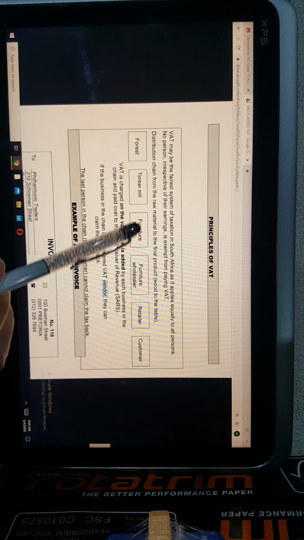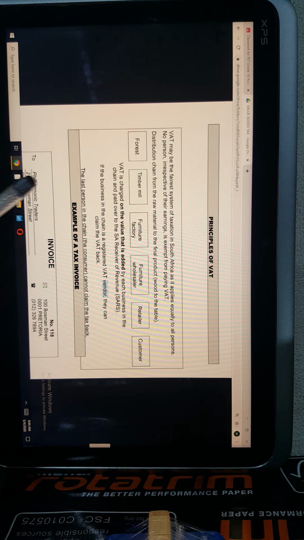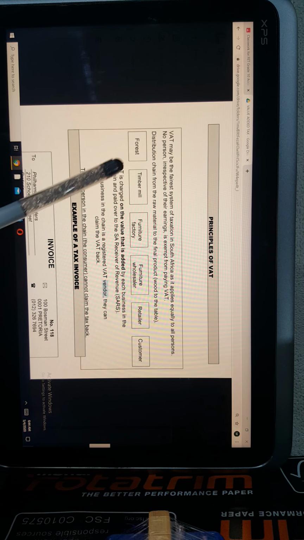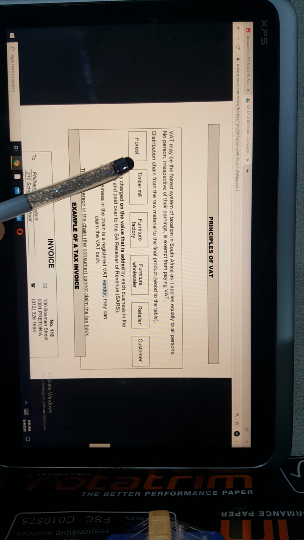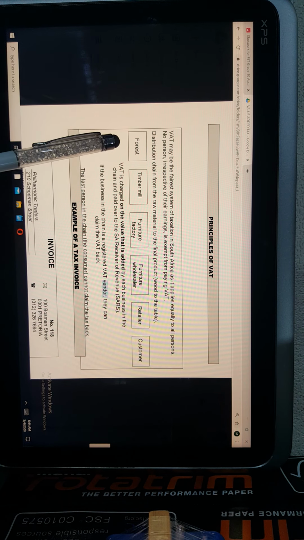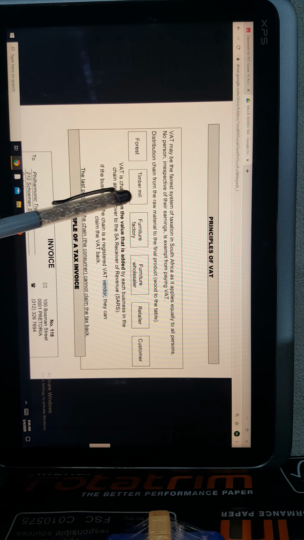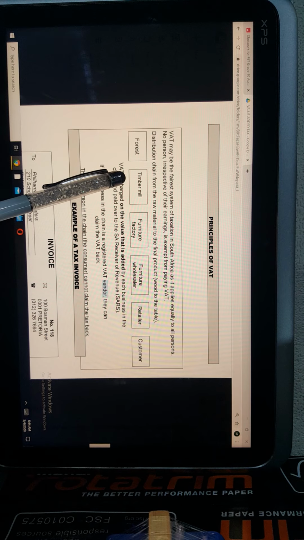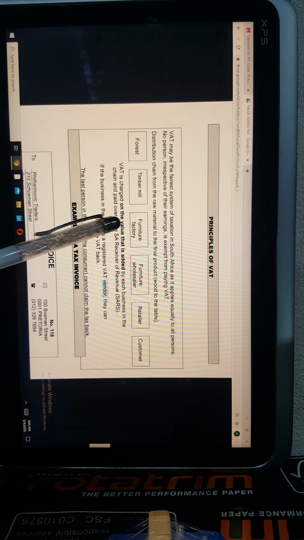Distribution chain from the raw material to the final product of a wood table. Okay, so this is what I wanted you to look at, right? Here's a chain of raw materials. So look at where we're starting off. We're making a wood table. So we go to the forest and we get the wood from the forest. Then the timber mill is getting the wood and then selling it to the furniture factory shop.